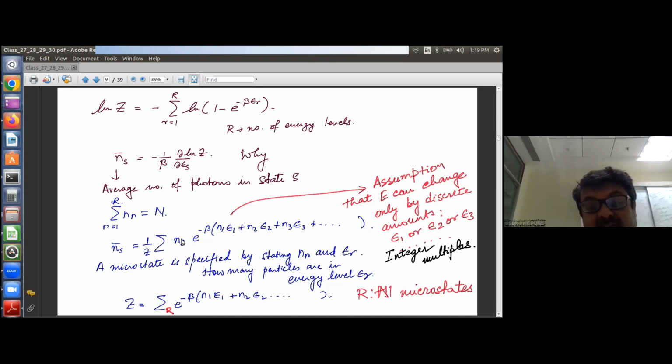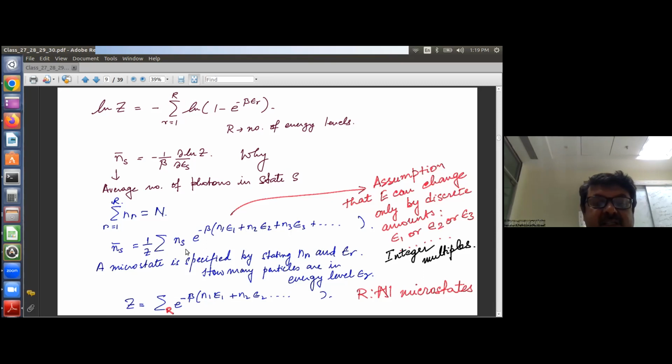Now, if ns equals 4, with s equal to 3, you could also have 4 photons in energy level epsilon 3, and then you could have a very large number of different combinations of photons in other energy levels, right?